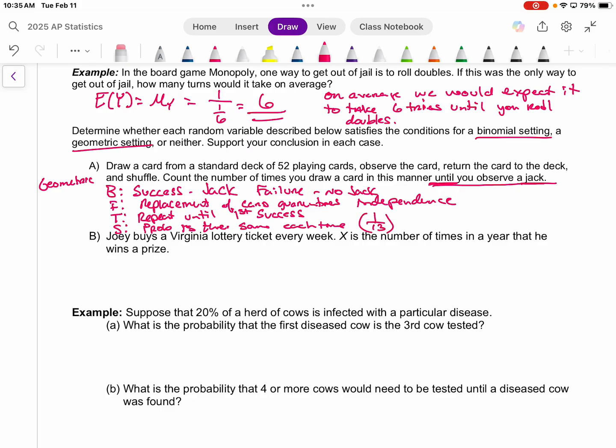Four jacks in a deck, 52 cards, so 1 out of 13. Probability of success, 1 out of 13. All right. There's my supporting information why it's geometric. What's the first word after the S? Probability. I abbreviated PROB. Sorry, I got lazy. Didn't feel like spelling all the other letters.